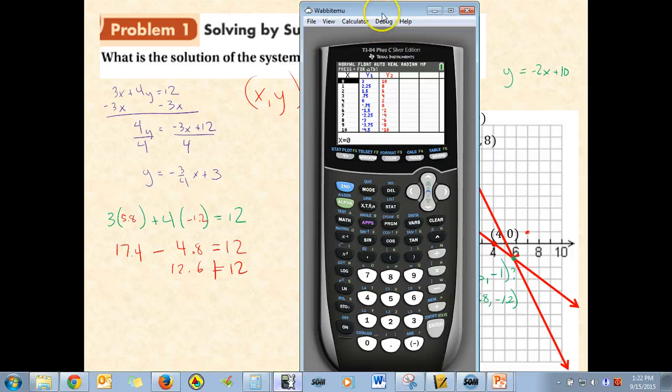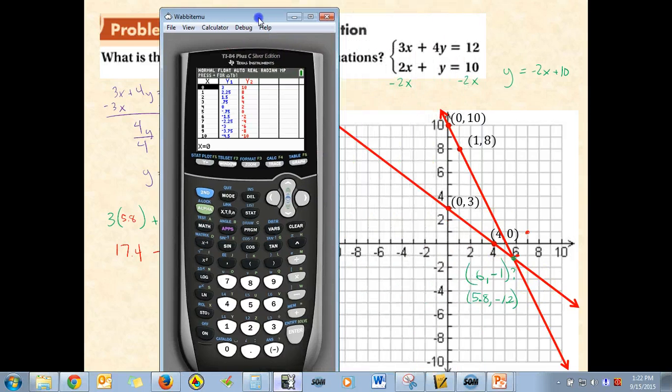Alright, let's see here. Now remember our intersection looked like it was around (6, negative 1). So when x is around 6, they're pretty close to each other, right? Remember, it's supposed to be when x is 6, both y values are the same.